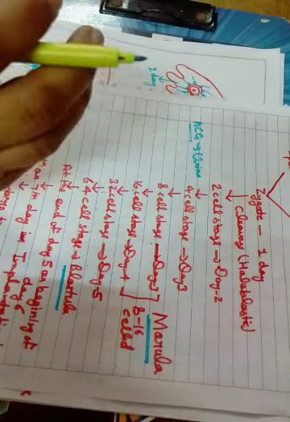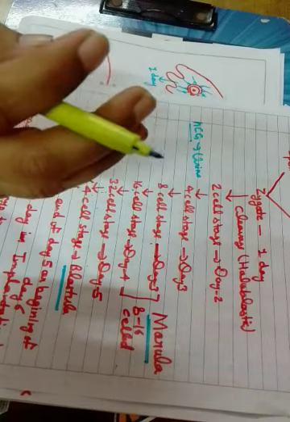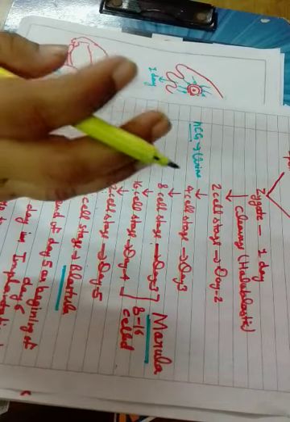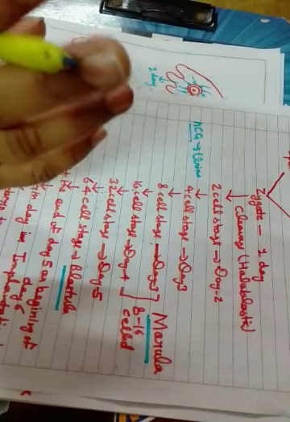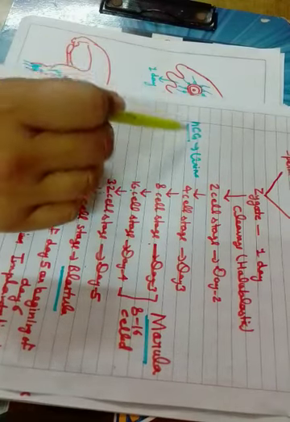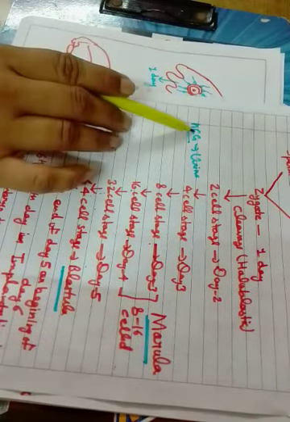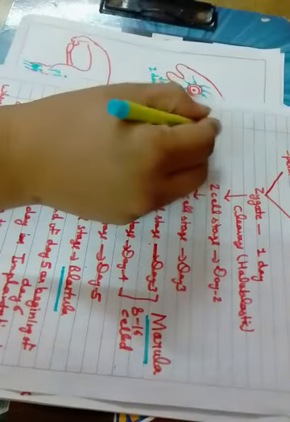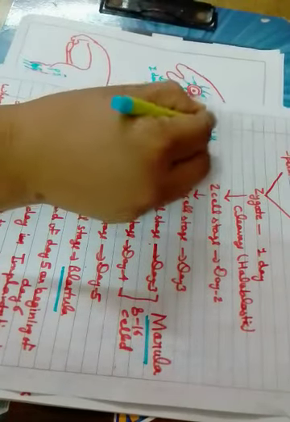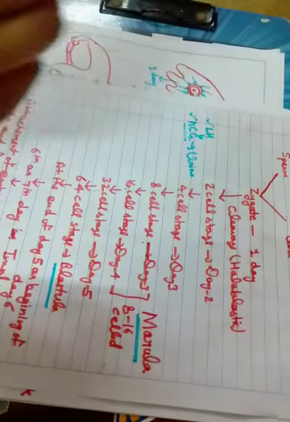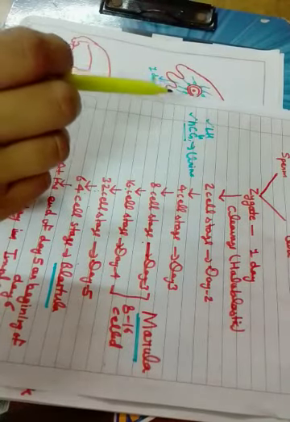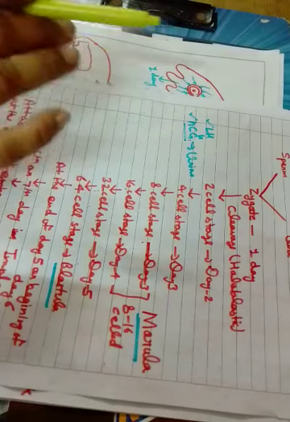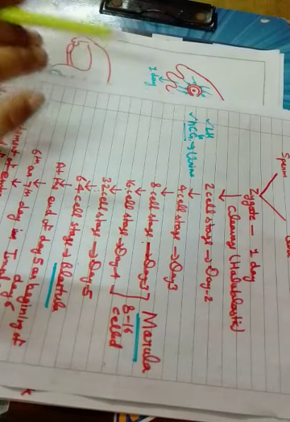Presence of HCG detects pregnancy after the second week. HCG is human chorionic gonadotropin hormone. HCG and LH, these two hormones maintain the corpus luteum only for the first trimester.